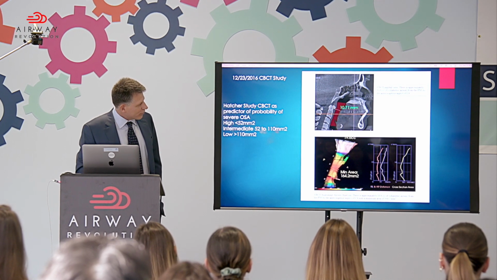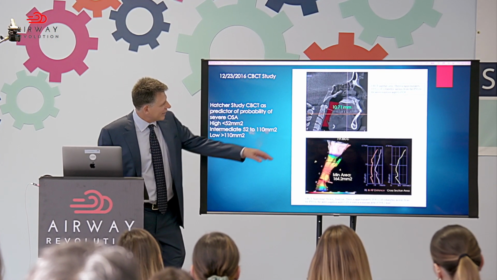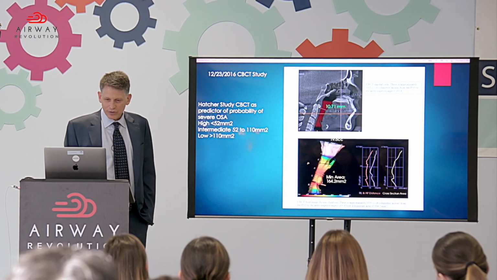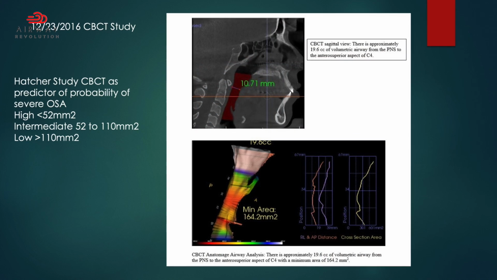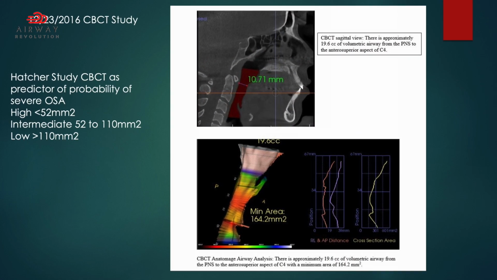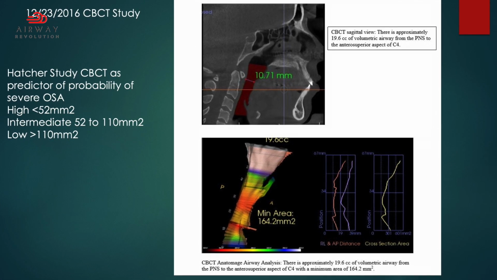This is Sydney's first CAT scan. We call it a CBCT, cone beam CAT scan. And when we measure her airway at 164, this is back in 2016, very much in the beginning of this diagnostic process. This is a study. Hatcher is a radiologist. He owned Beam Readers, which is a national radiology reading company.